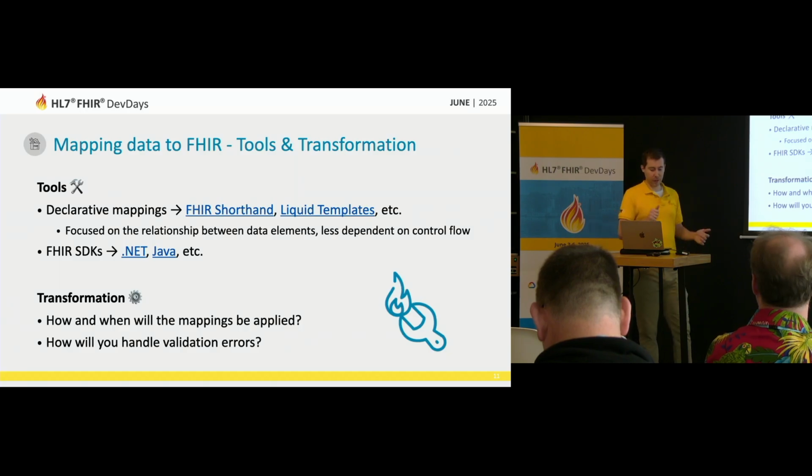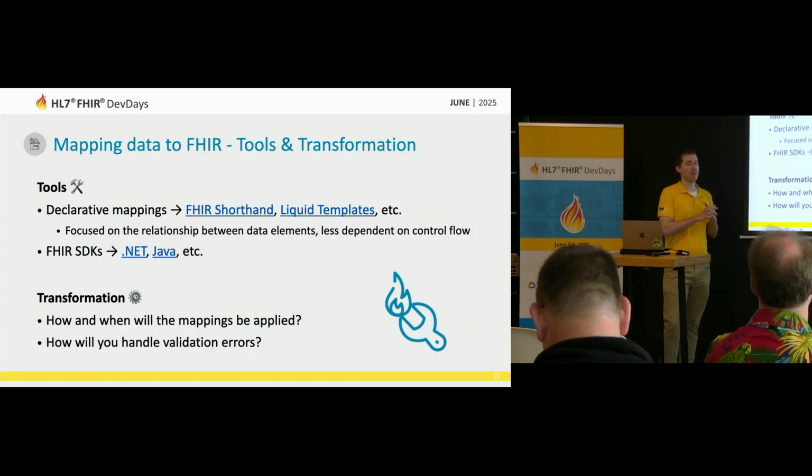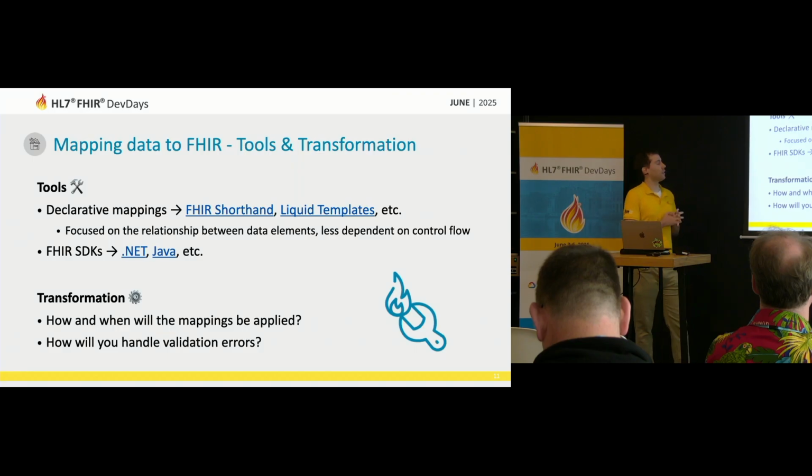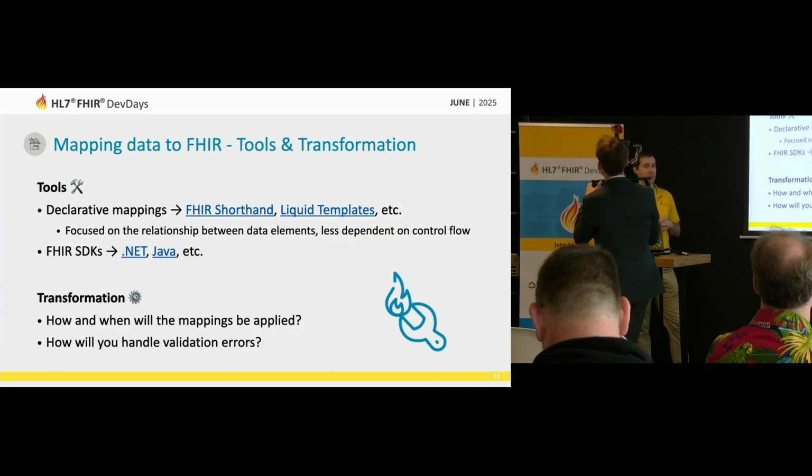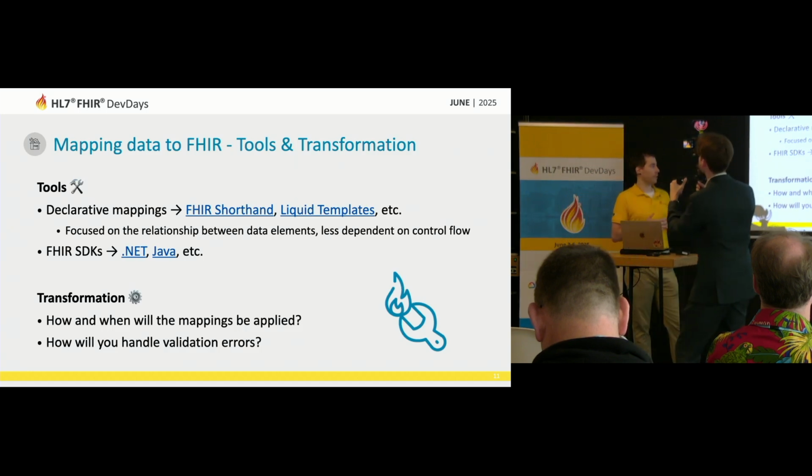Engineer hat back on. How do you encode these mappings? There's a lot of options. Generally, you want to use a declarative approach, meaning you're focused on the relationship between data elements and less dependent on doing things in a certain order.